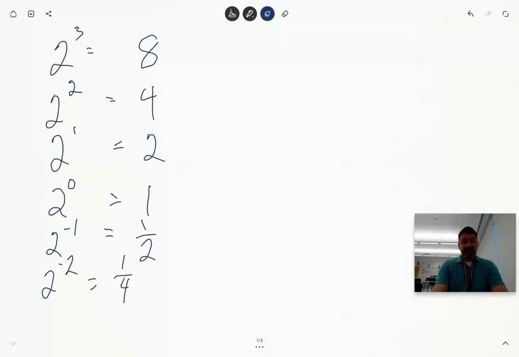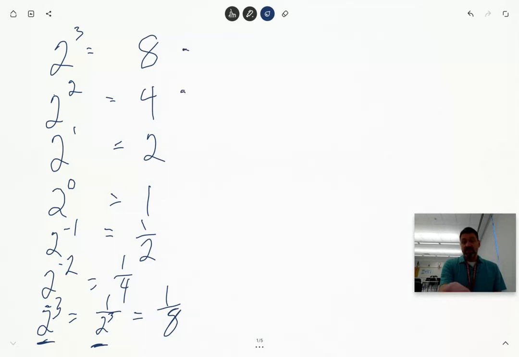And what that negative exponent does is, 2 to the negative 3 would be the same as 1 over 2 to the third. So that negative puts it in the denominator with a positive exponent. So 2 to the negative 3 is the same as 1 over 2 to the third, which is still 1/8. So that pattern fits every single time.